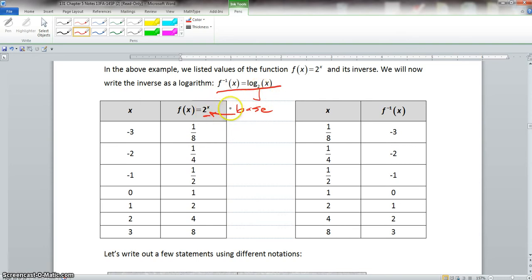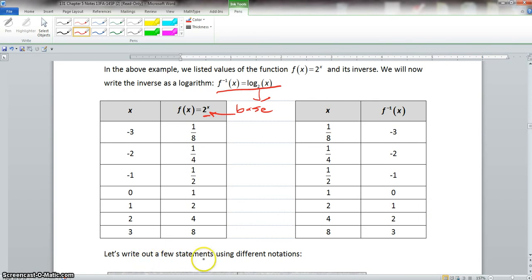So this base here replaces this base here whenever we're writing a logarithm. So if you notice here, we have f of x is equal to 2 to the x, and we substitute in the values which we did early on. And then we will have x and then the inverse of x, which we show here.